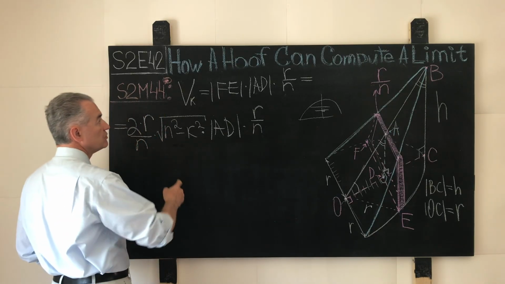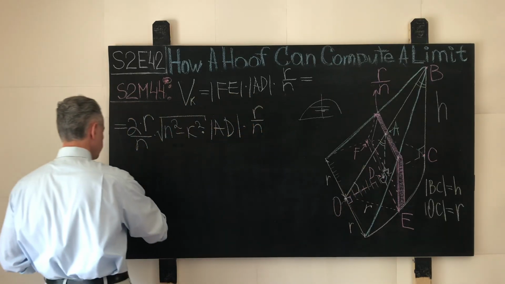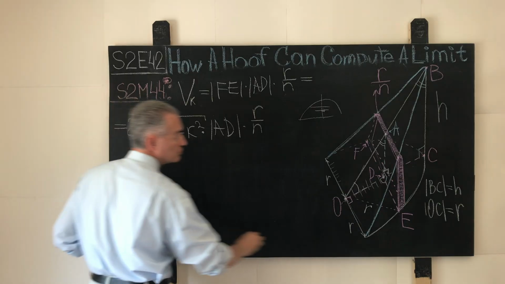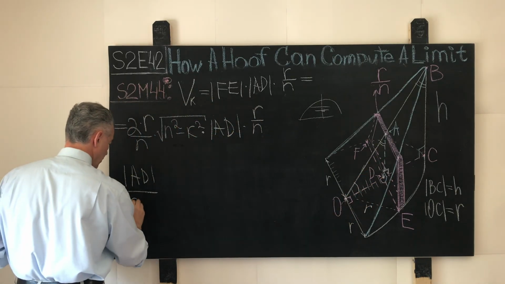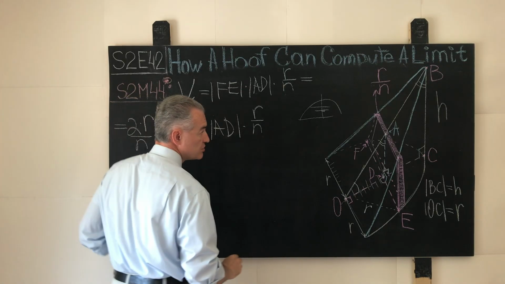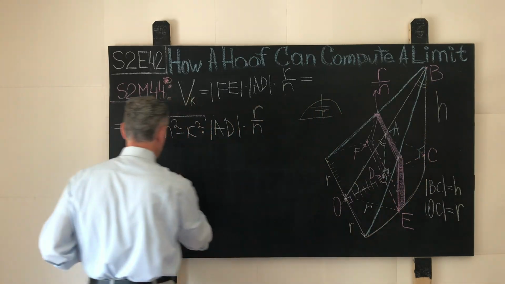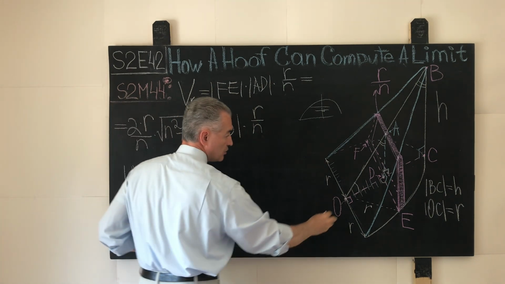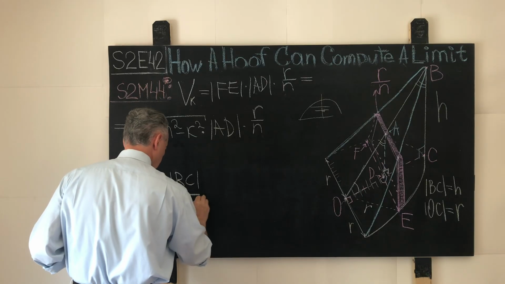What do we write? We need to find the distance AD. So we write AD relates to OD in exactly the same way in which BC relates to OC.